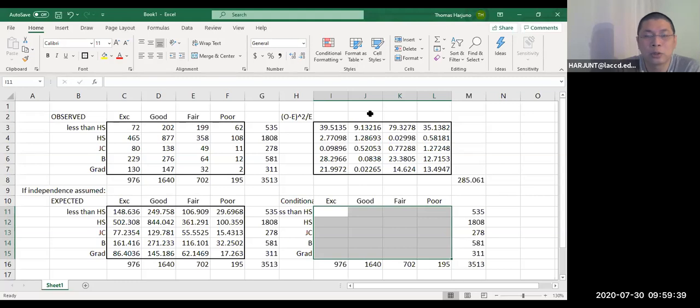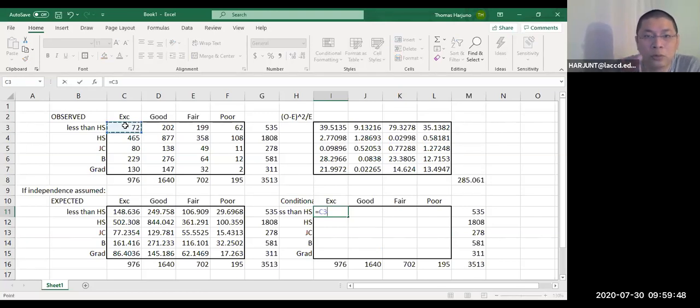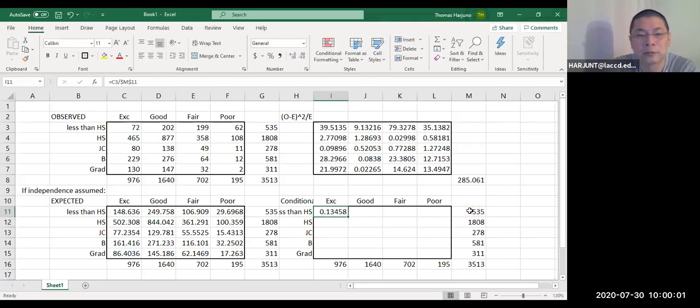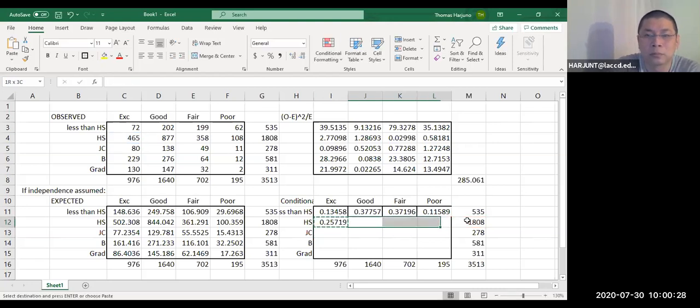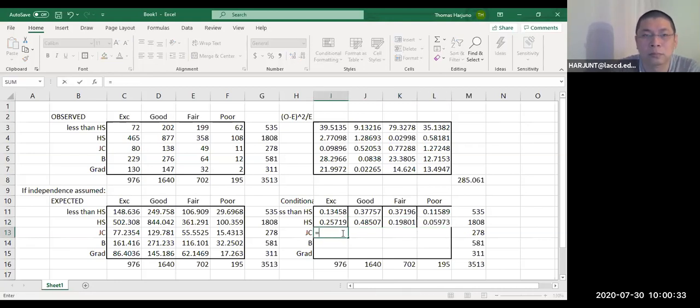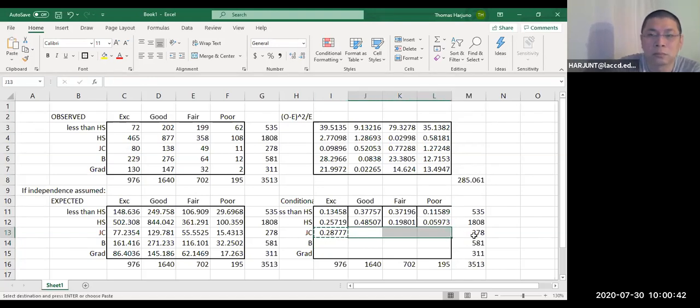Now for the conditional probability, actually I will need to have this equal to 72, the entry, divided by the level of education, you see, right? And so on and so forth.